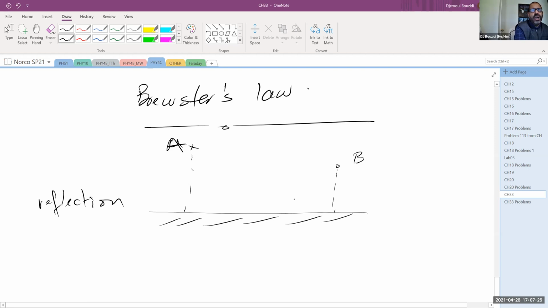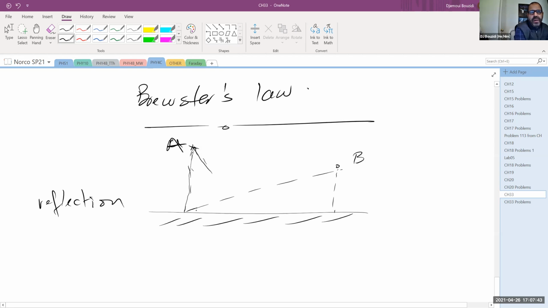And I want to find, going through this reflector, what is the condition that I need to have? Obviously, I have two options. I could go straight in here and go here, meaning I cut through straight in here. This is the shortest distance.